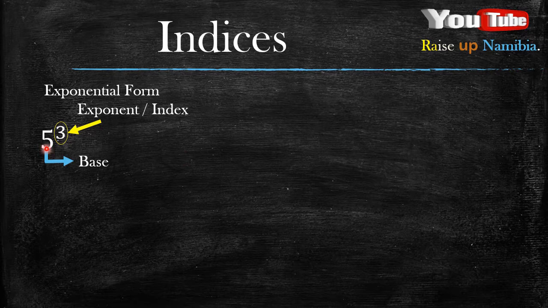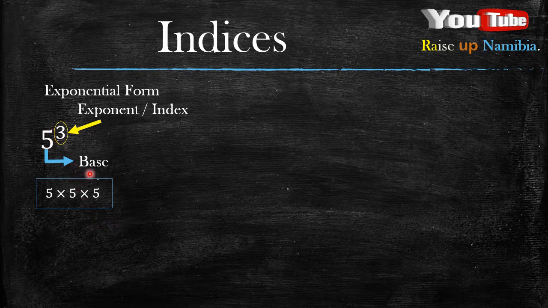So now what do they mean? What does a small 3 mean when it's on top of, or next to, the larger one, which is the base? Remember, this is the exponential form notation. This small number, which is the exponent, simply means that 5, which is the base, is multiplied 3 times by itself. To explain this, let's rather bring this out.